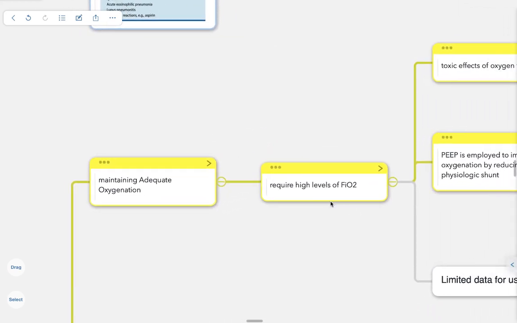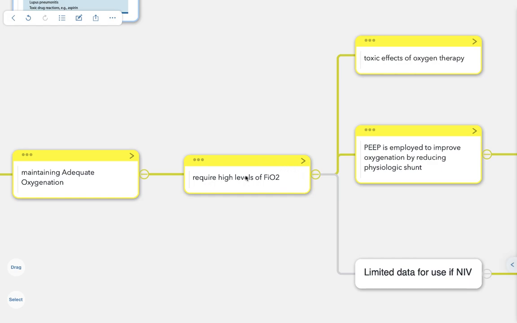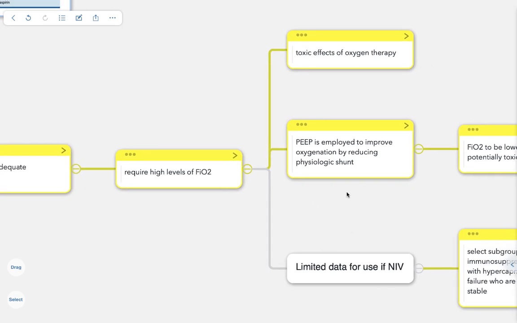Now, we know that ARDS in itself is a condition which requires a high level of FiO2. But a high level of FiO2 is always associated with various side effects. This includes the toxic effect of oxygen therapy in itself, right? And for this, you require PEEP.